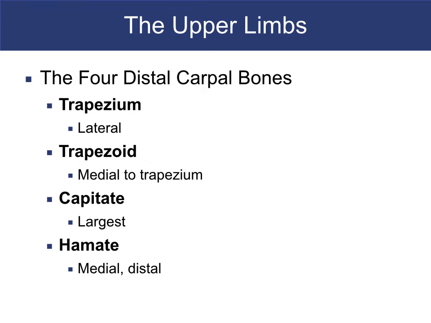Well, you can probably see that if you break it across here and it's getting its blood from this side, this piece here is going to just die. And when it dies, it's going to just turn into scar tissue, and you're going to have a very bad wrist the rest of your life. Your wrist won't work well because it's got a piece of dead bone sitting in the middle of it. Okay?